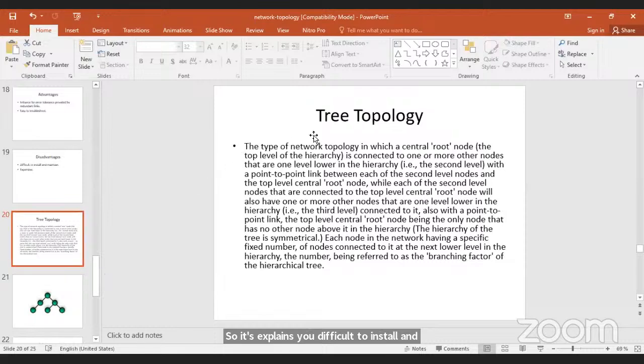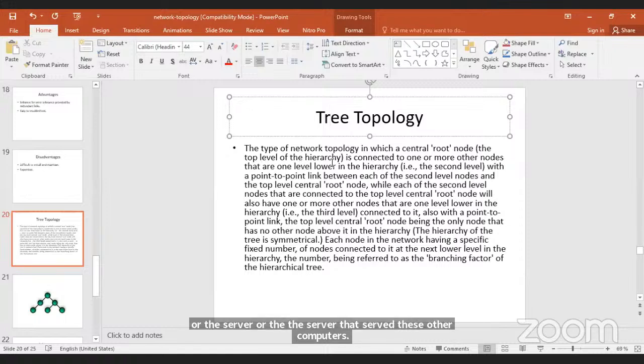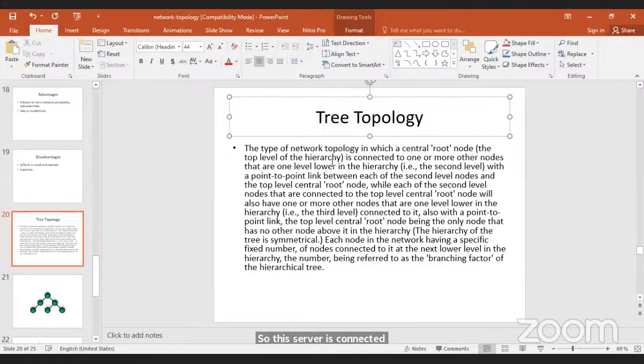Then you have tree topology. Like a tree, we have the stem, the roots, and the branches. Some branches form other branches. We have the root node, which is the supercomputer or the server that serves these other computers. This server is connected to one or more other nodes that are one level lower in the hierarchy.